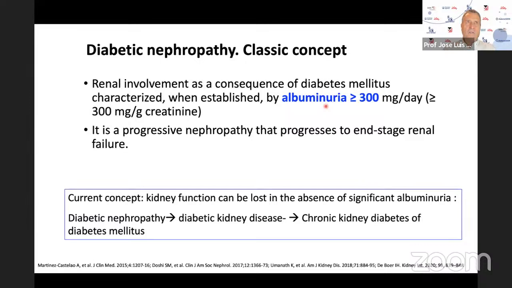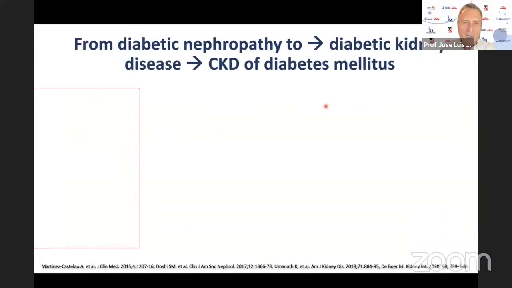But the concept is more heterogeneous, because the current concept is that kidney function can be lost in the absence of albuminuria, and diabetic nephropathy has changed to diabetic kidney disease. Currently the guidelines say you should use chronic kidney disease in diabetes mellitus. This is the current concept.